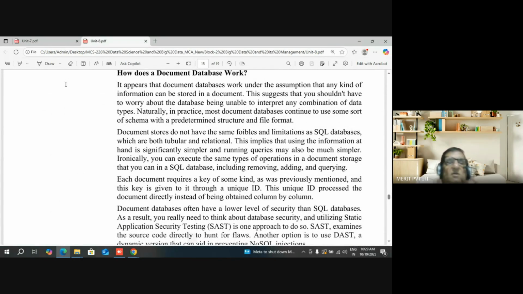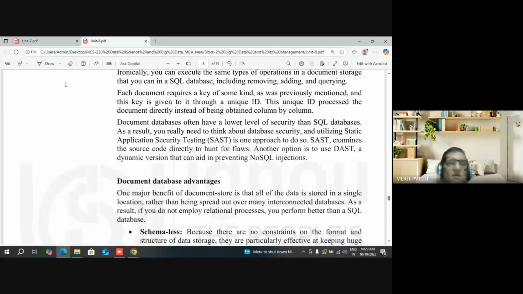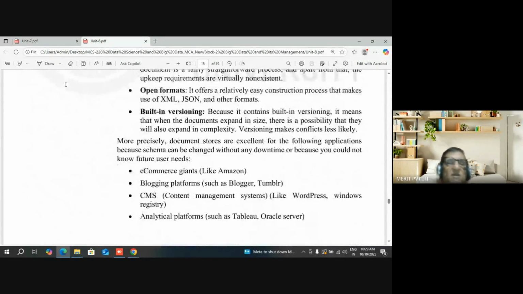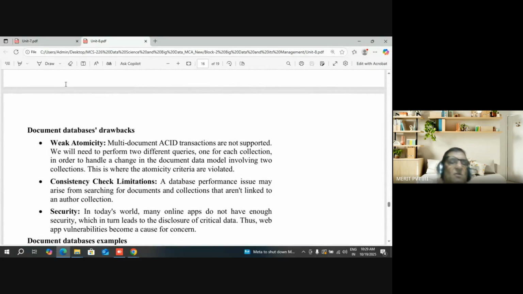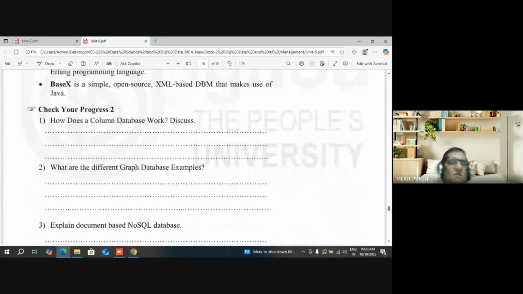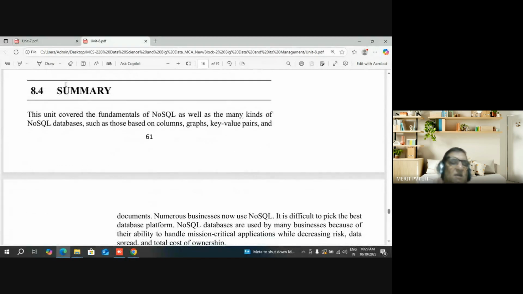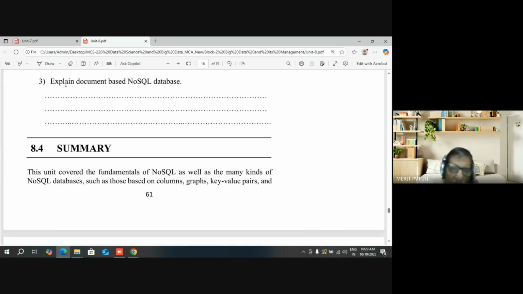How does a document database work, document database advantages and disadvantages, see that, okay, and drawbacks. That makes a complete structure. So that is the whole story of NoSQL.